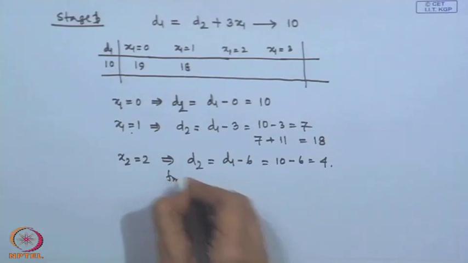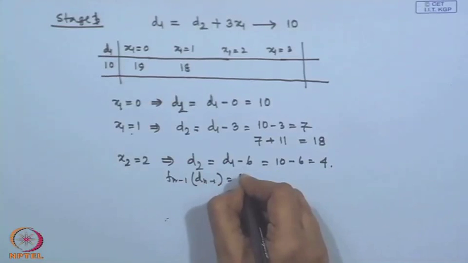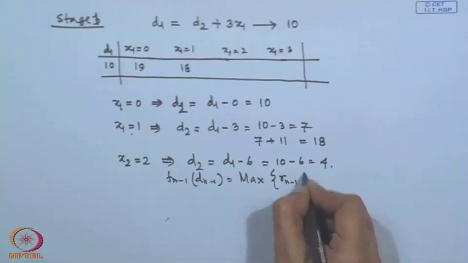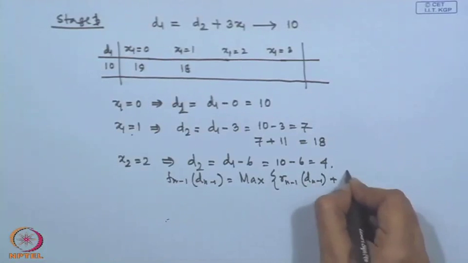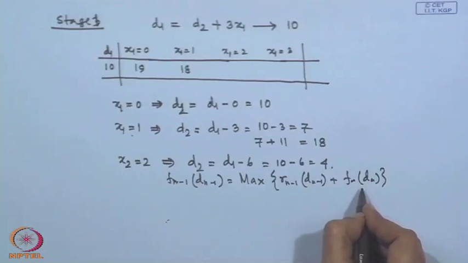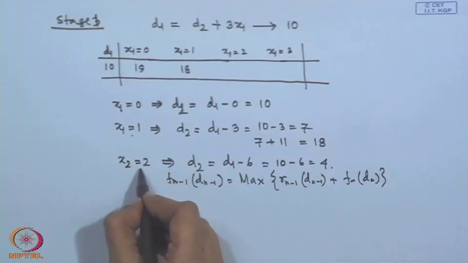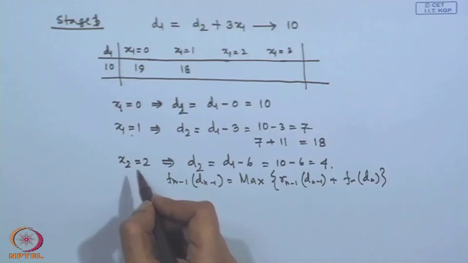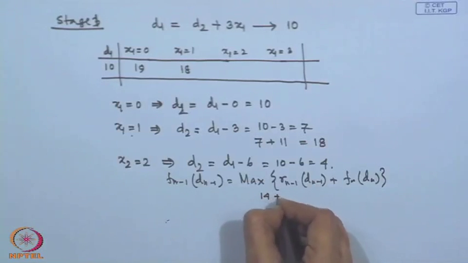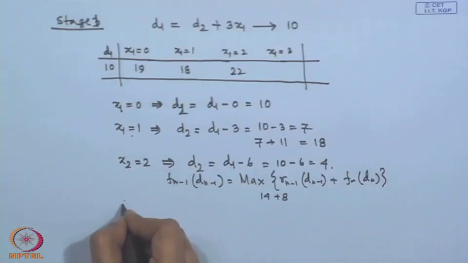If I go to the formula, fn minus 1 of dn minus 1 is equal to the maximization of rn minus 1 of dn minus 1 plus fn of dn. Just now we have considered fn of dn equal to 8, and what about rn minus 1 of dn minus 1? We are considering 2 food packs, that is why the total utility value will be 14. It is 14 plus 8 from here, that is 22. Clear?